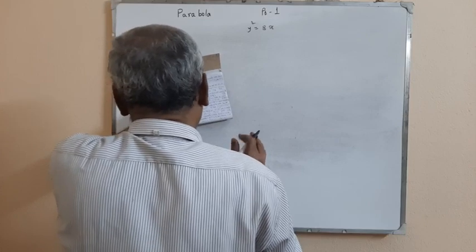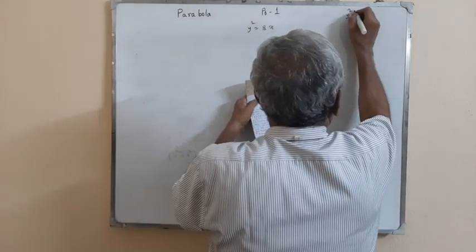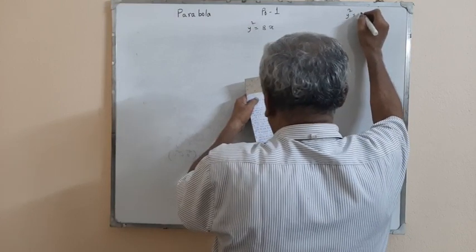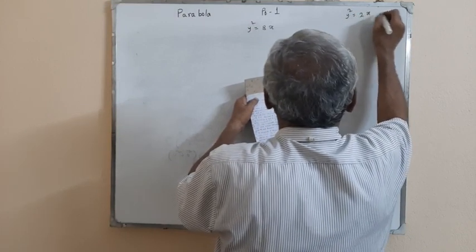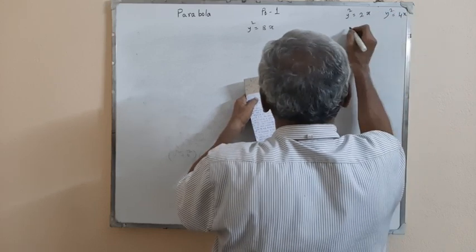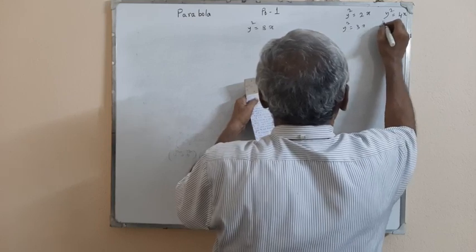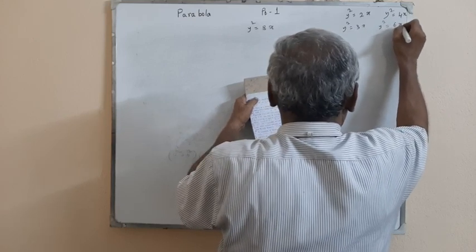Then locus of P is how much? Options are y squared is equal to 2x, y squared is equal to 4x, y squared is equal to 3x, y squared is equal to 6x.